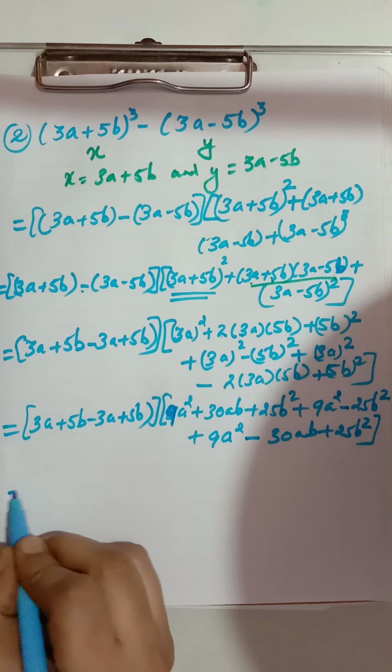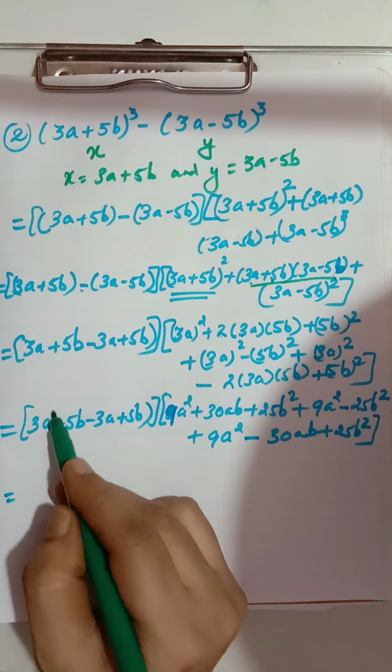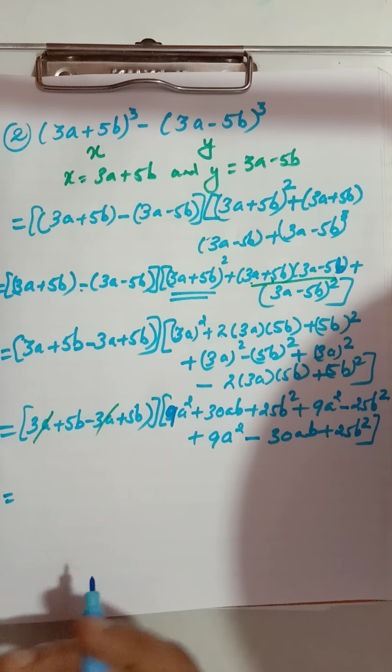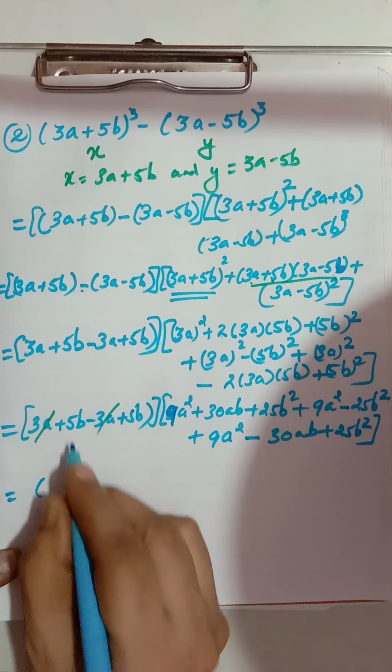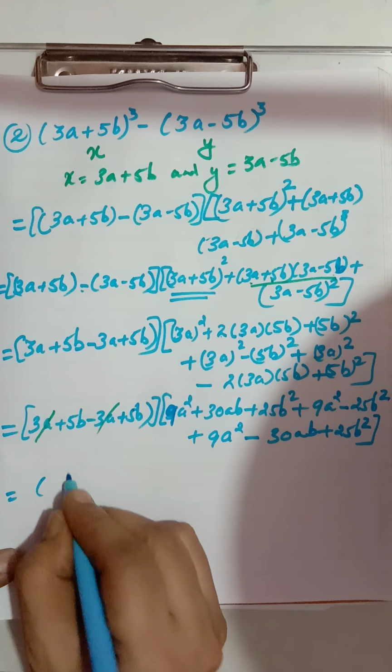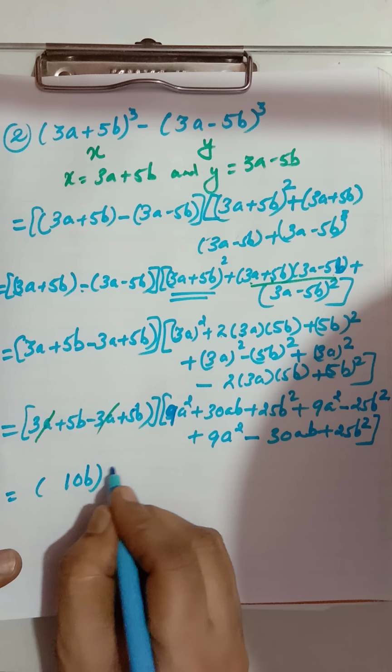Now this is equal to, from here see children, plus 3a minus 3a gets cancelled. So what is remaining? 5b plus 5b, that is your 10b, okay.